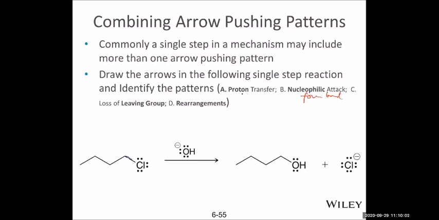Proton transfer both forms and breaks at the same time. Loss of leaving group breaks the bond. Rearrangement both breaks and forms. With the 4 arrow pushing patterns, it is very important to make a table to compare and contrast: what is the similarity between these 4, and what is the difference between them?